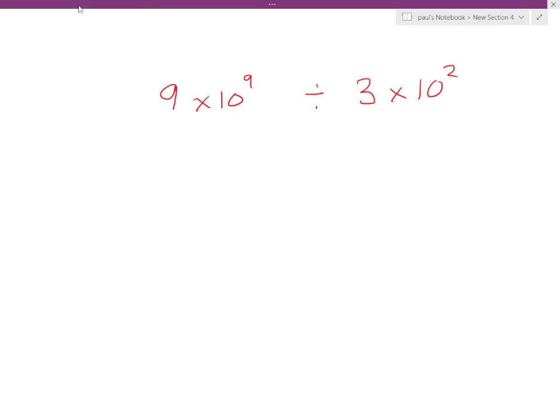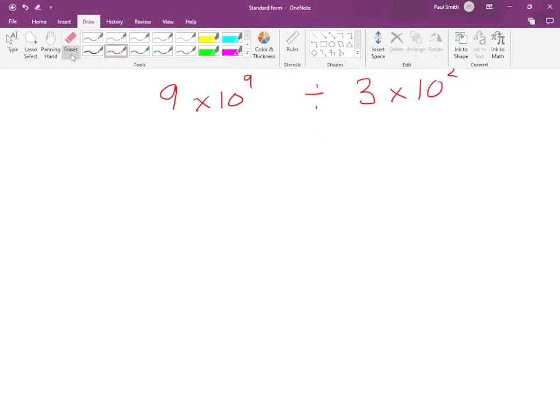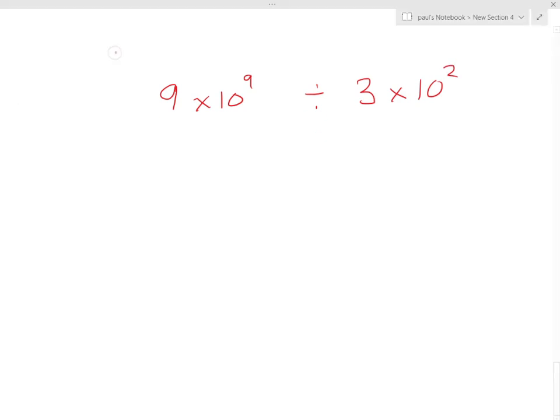I was right the first way around, but we'll do this one anyway. So 9 divided by 3 is 3. 10 to the 9 divided by 10 to the 2 is 10 to the 7.